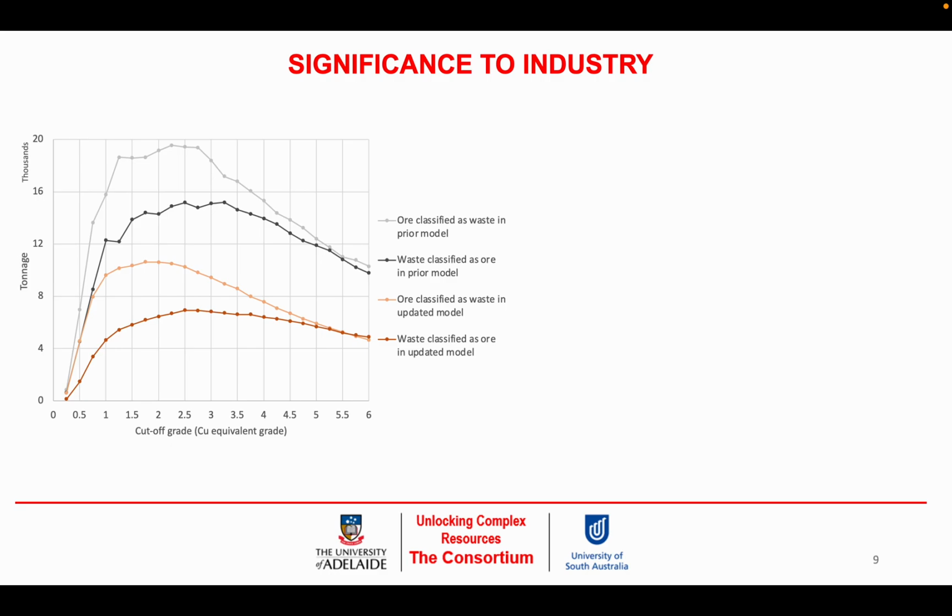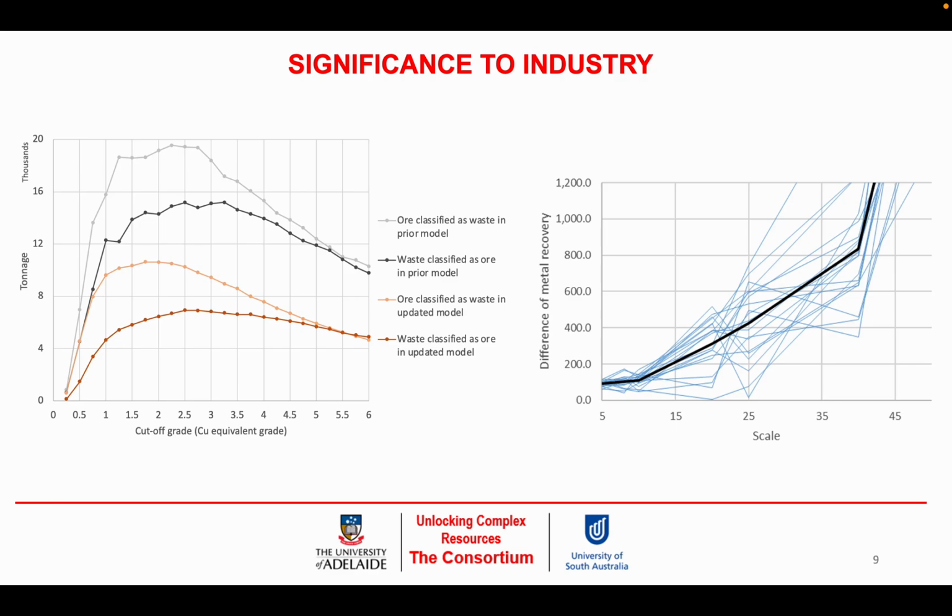We found this number dropped significantly after the block model is downscaled and updated, which means ore extraction is more accurate and precise. As for the mining selectivity evaluation framework, we found that the relationship between mining selectivity and scale is actually capable of indicating the optimal ore extraction scale. For example, in this case, the optimal scale would be 10 by 10 mining units, because the mining selectivity will not improve much even if the scale becomes further smaller.